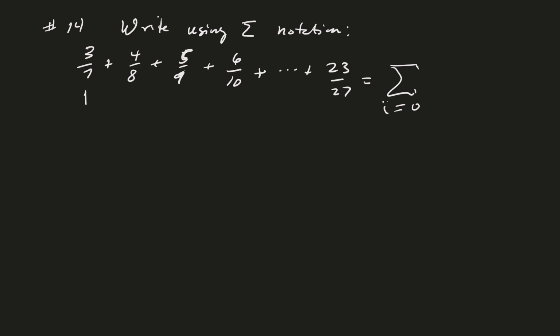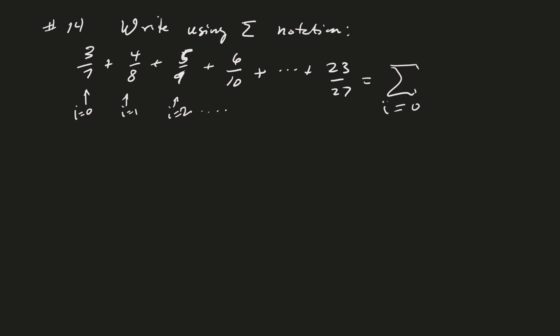So that means, just to give you a hint here, this is i equals 0, i equals 1, i equals 2, and so on. So you might pause the video for a second while we figure this out.